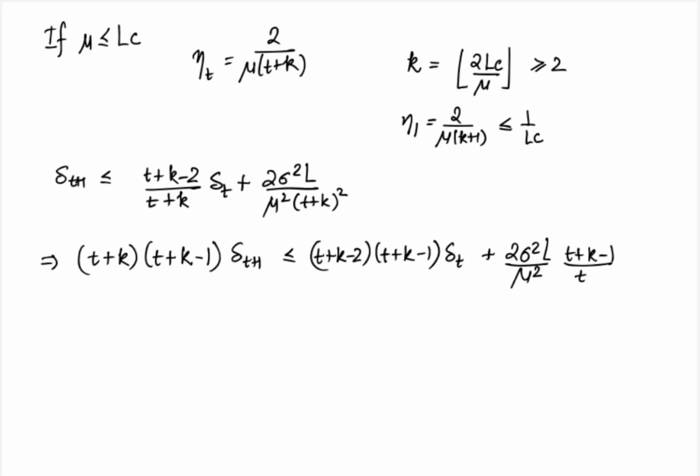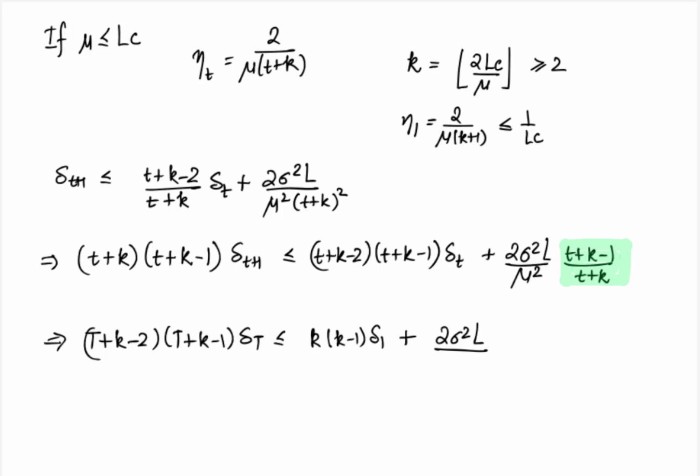Here we can bound the t plus k minus 1 divided by t plus k in the last term by 1, and then taking the telescopic sum we obtain capital T plus k minus 2 times t plus k minus 1 into delta t is less than or equal to k into k minus 1 into delta 1 plus 2 sigma square L by mu square into t minus 1.